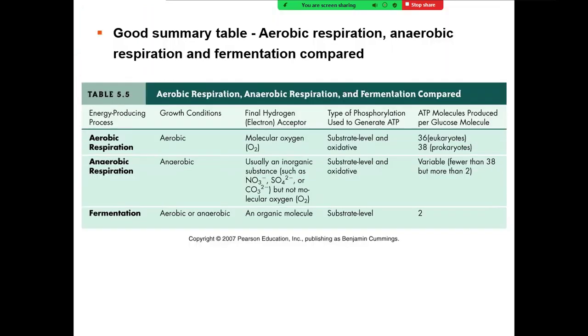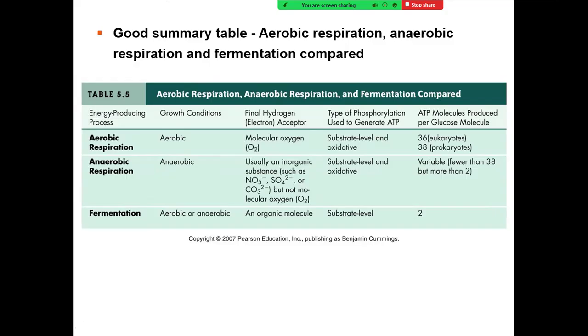All right, so this is a good summary table for respiration, both aerobic respiration and anaerobic respiration, comparing them to fermentation. Aerobic respiration must happen around oxygen in the air, so that's why it's aerobic. Anaerobic respiration does not require oxygen and generally happens in the absence of oxygen.